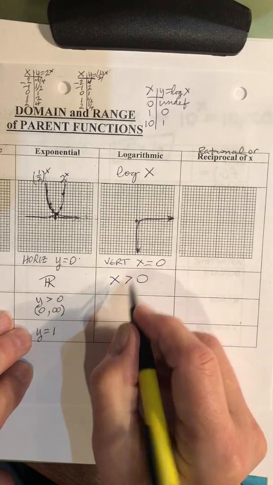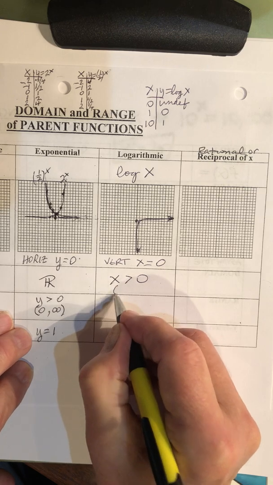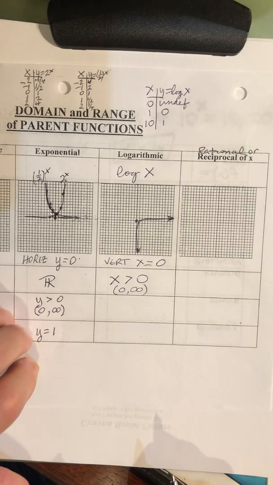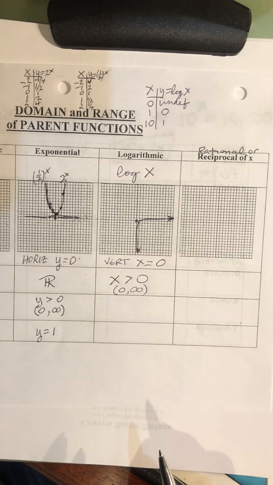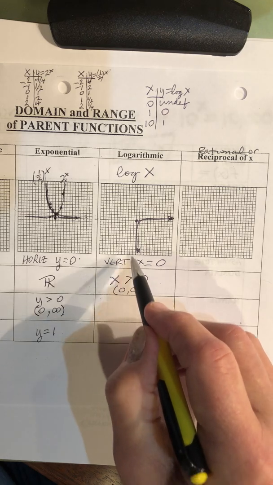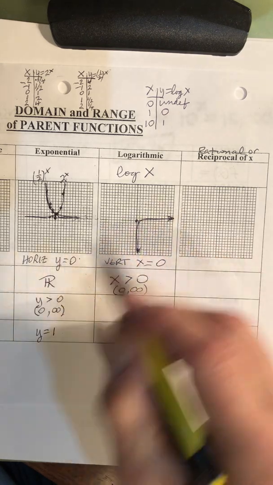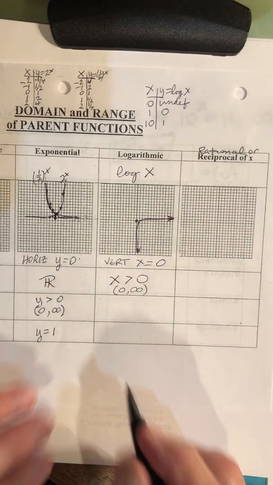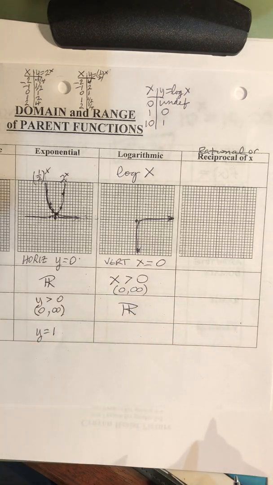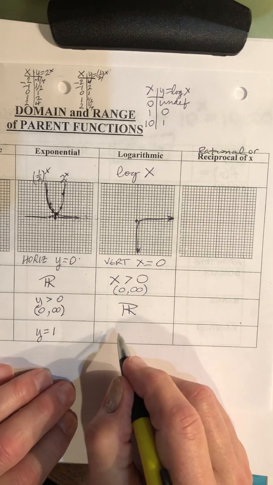And you could write that in interval notation as 0, infinity. What about the range? Okay, well, the range, this goes infinitely down from the bottom. So where does this come out? And as I said, it continues to go up. So actually the range is all real numbers, but it takes a long time for it to get very high, doesn't it? What about the y-intercept? There is no y-intercept.